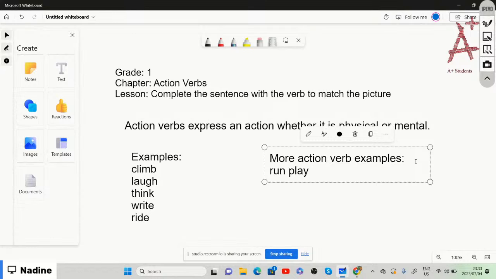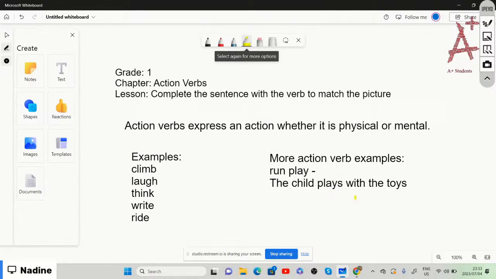So we can then say, if we write a sentence about it, the child plays with the toys, right? And that shows the action that they're doing, plays, right? It shows what they are doing. So plays indicates the action, right?